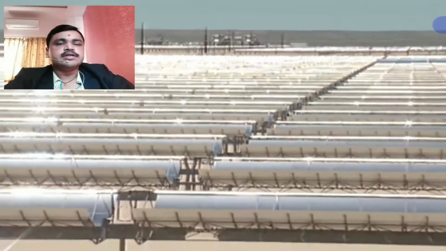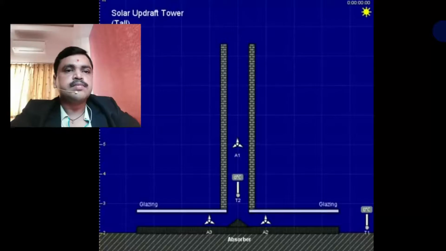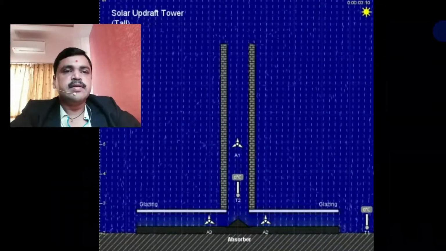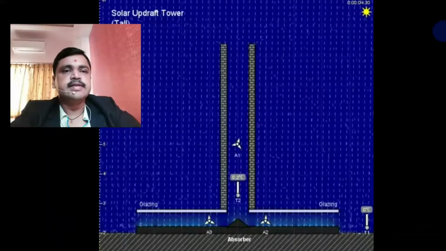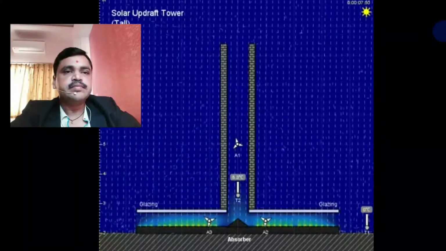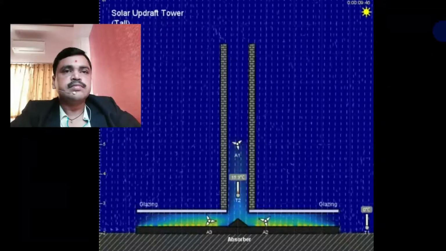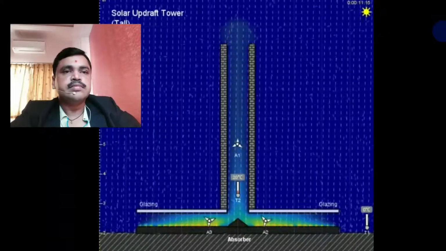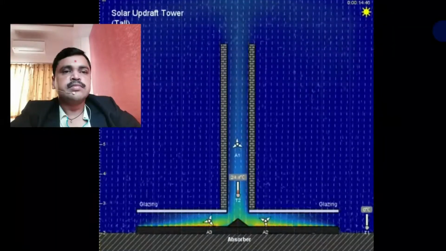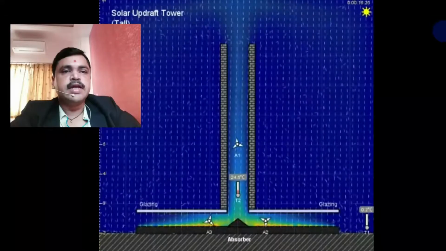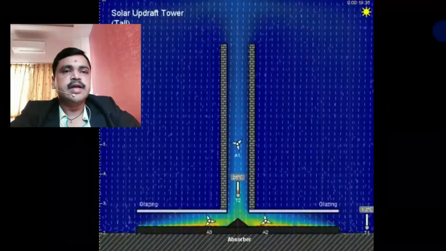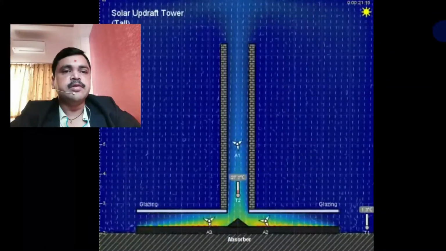This is another solar chimney, an engineering arrangement of the chimney. We also arrange more than one turbine as described in this video.